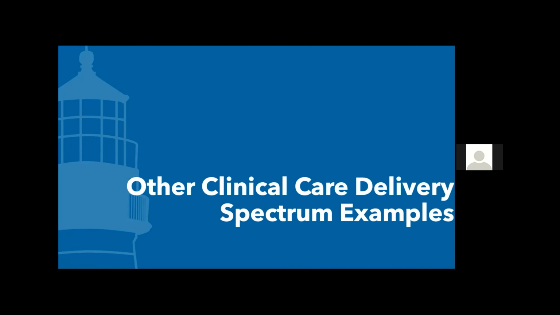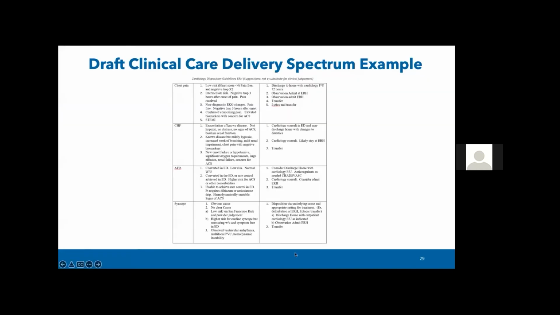So I wanted to continue to provide some examples for you on how you can apply the clinical care delivery spectrum, using the same process to look at different patient population types.